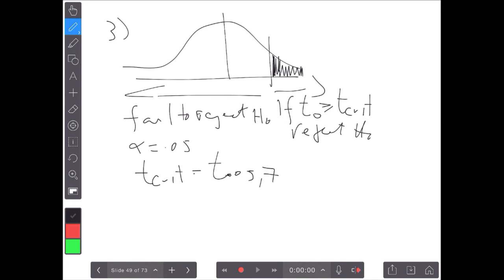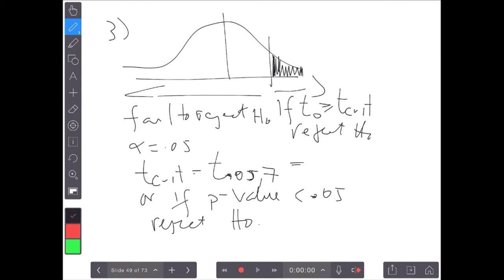So it would be T 0.05, 7. Whatever that value turns out to be, we'll find that out later, okay? Or, if the p-value, because I'm going to use the p-value approach, is less than 0.05, we will reject the null hypothesis. That's step 3.